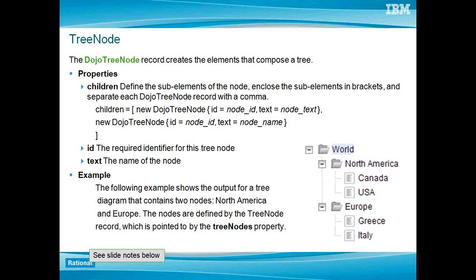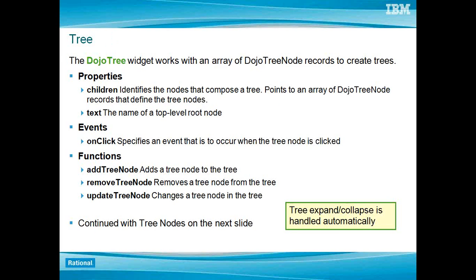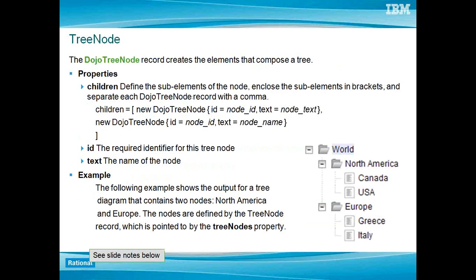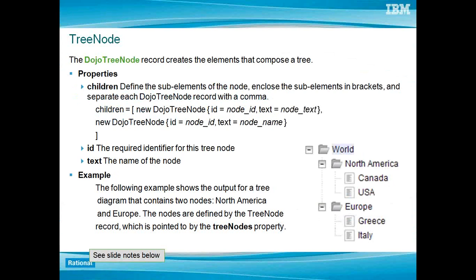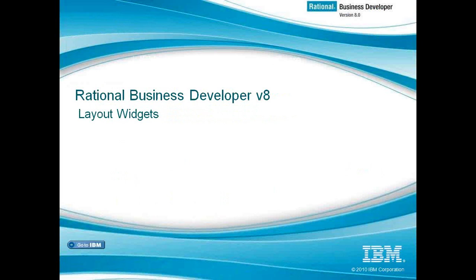So the Dojo tree node represents the node inside of the tree. In this way you have two different widgets. One is Dojo tree, which represents the whole tree, and for creating nodes, you would use Dojo tree node. In this way you would be creating your Dojo trees.